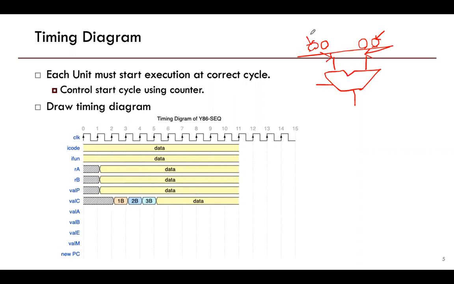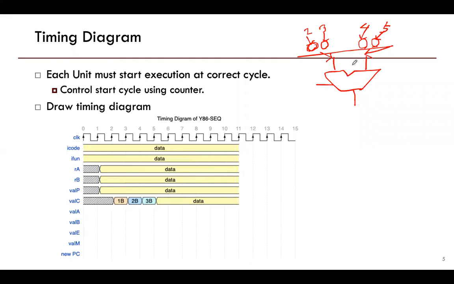For example, one data will be ready after 2 cycles, another candidate is ready at cycle 3, another is ready at cycle 4, and the last candidate is ready at cycle 5.